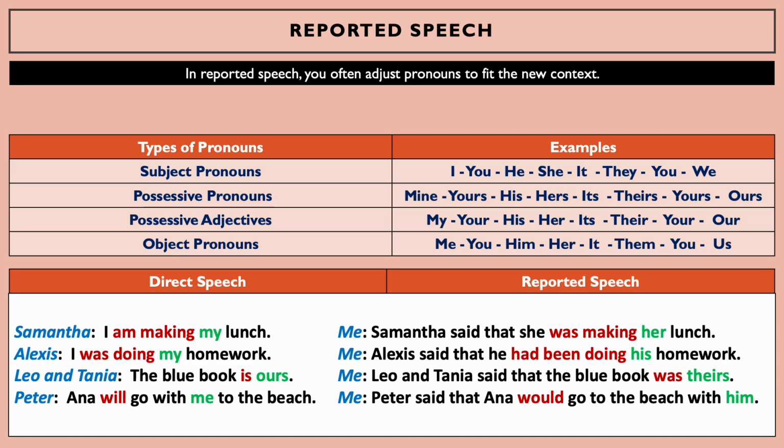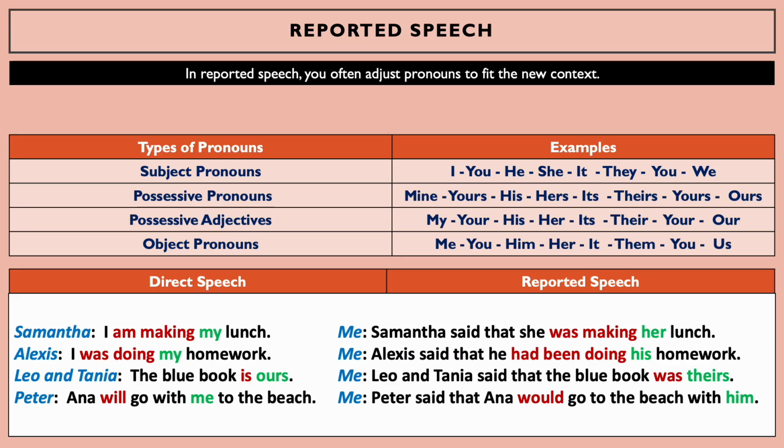Possessive adjectives: my, your, his, her, its, their, your, our. And object pronouns: me, you, him, her, it, them, you, and us.